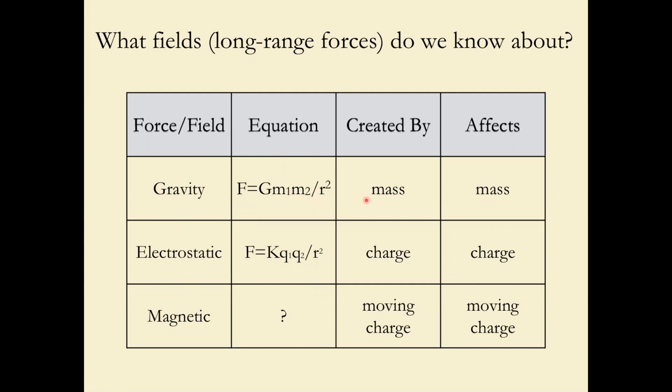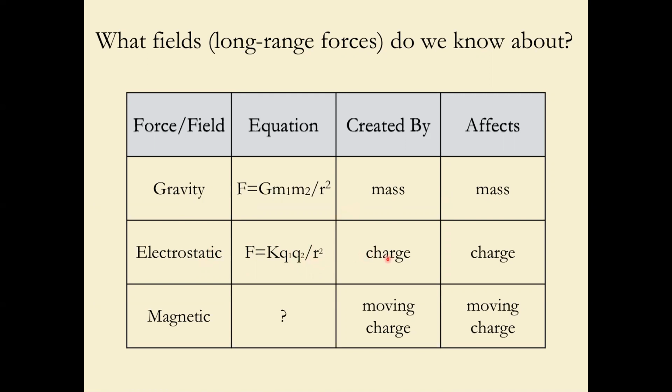So that's why we can say that force is created by one of the masses, and also it affects the second mass. For electrostatic force, again, it depends on the values of two charges and the distance between them, inversely related to the distance.